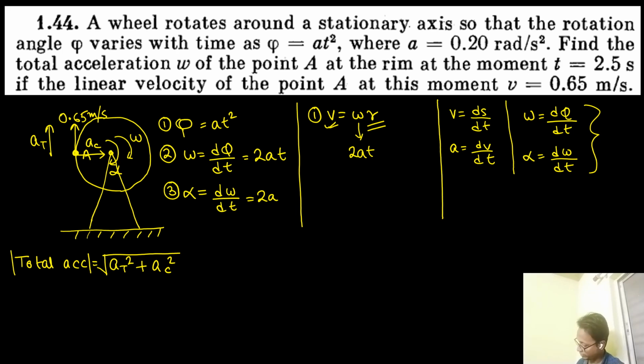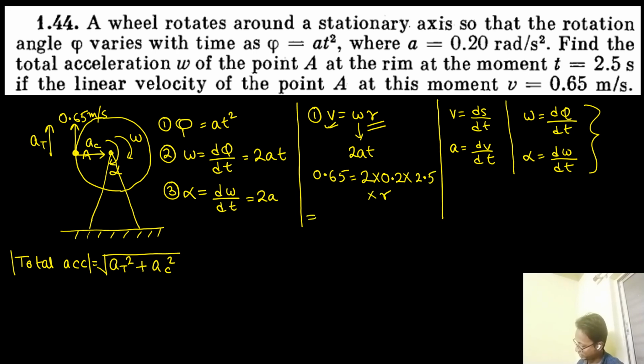So v equals 0.65 equals 2 into a, where a is 0.2 radians per second square, into time 2.5, into r.